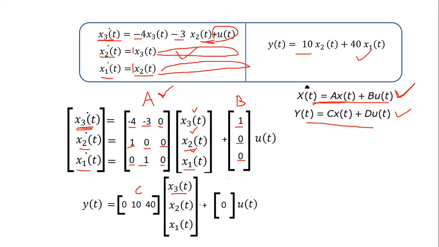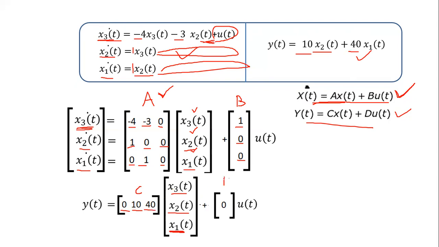No, we do not have it, so 0. Next, the x2 of t coefficient. Yes, it is there, plus 10. Next, the x1 of t coefficient. Yes, it is there, 40. This is the C matrix.